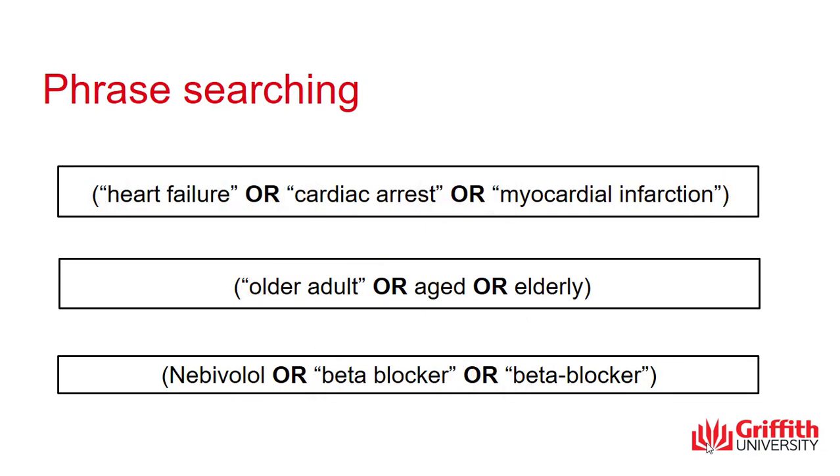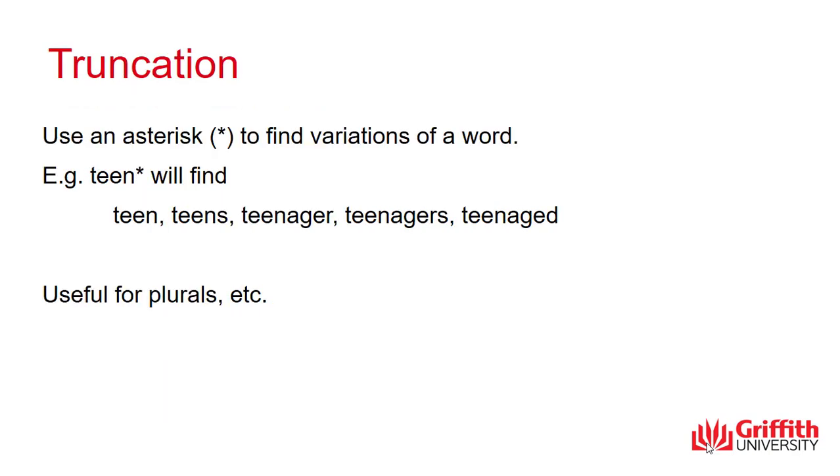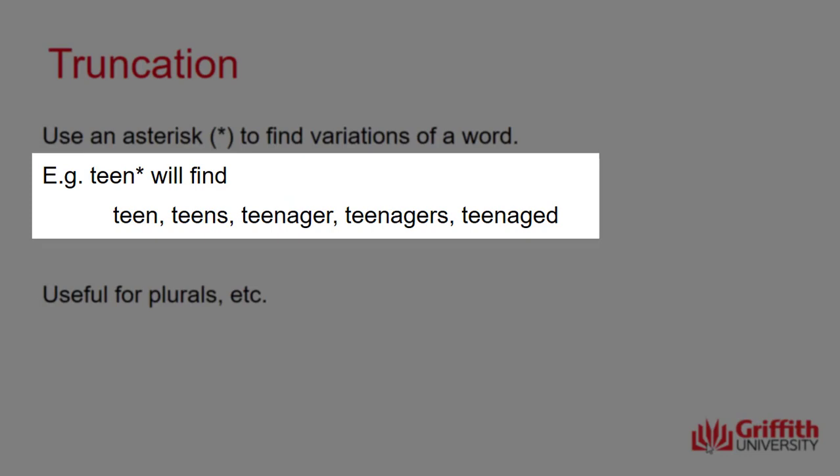You can also use the truncation function available in database search engines. This is where an asterisk symbol is added to a base word, allowing the search engine to find all variations of that particular word in a single search. For example, adding an asterisk to the word teen will obtain results for all variations of this word, such as teen, teens, teenager, teenagers, and teenaged.